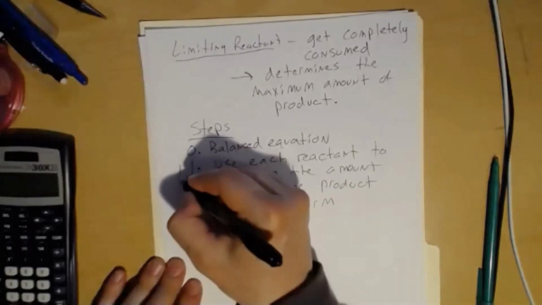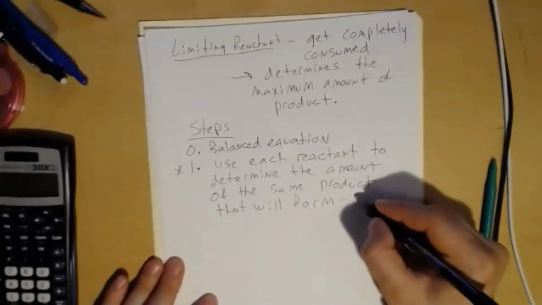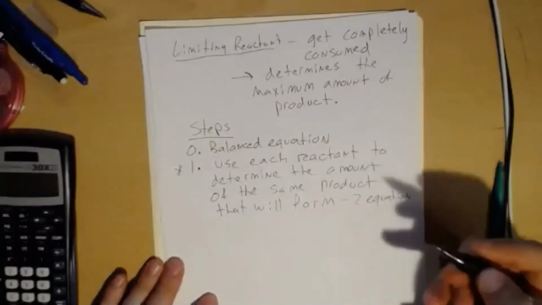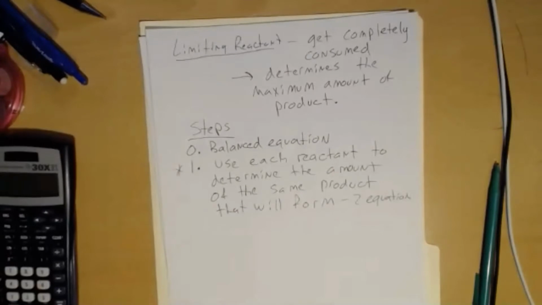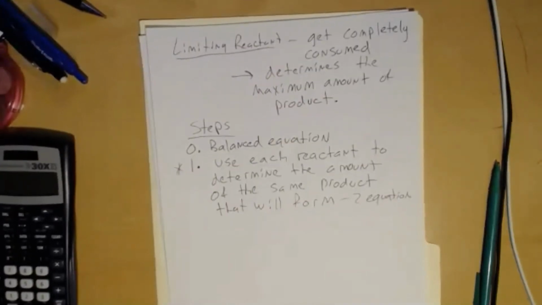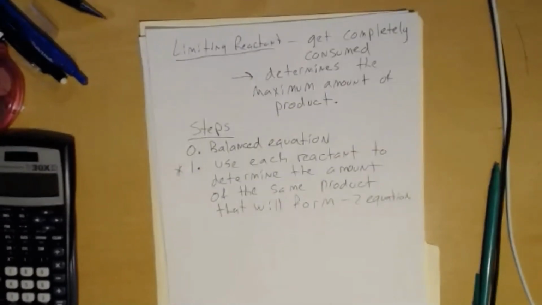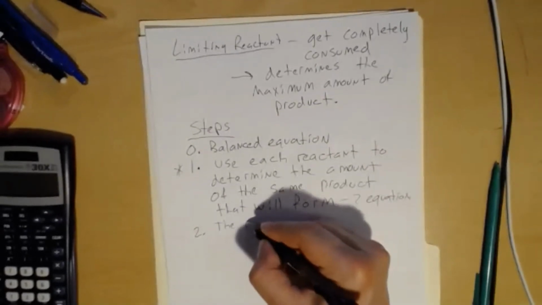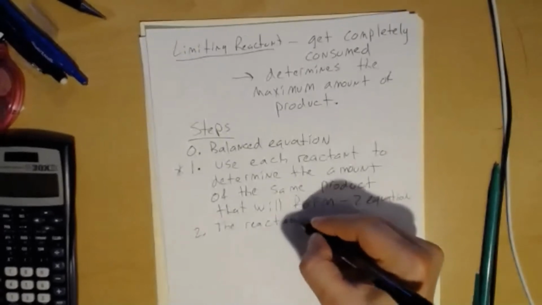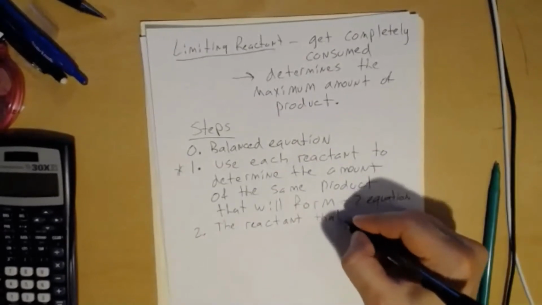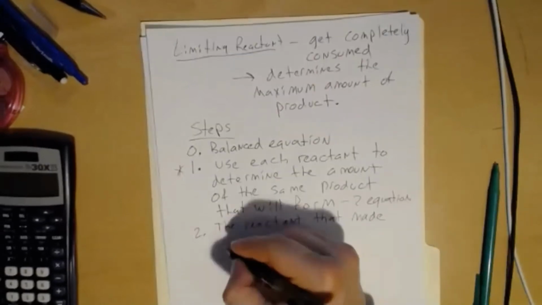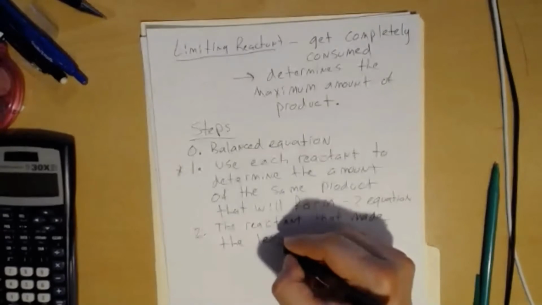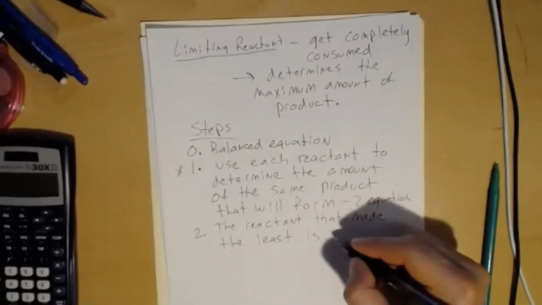And that's actually the hardest work. This is actually 2 equations, or more, I suppose, if you had more than 2 reactants. But once you've done that, the reactant that made the least is the limiting reactant.